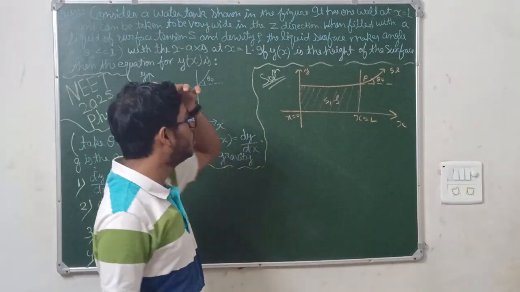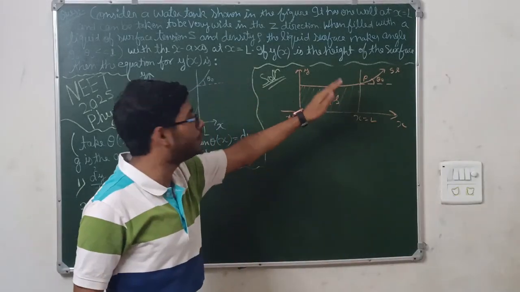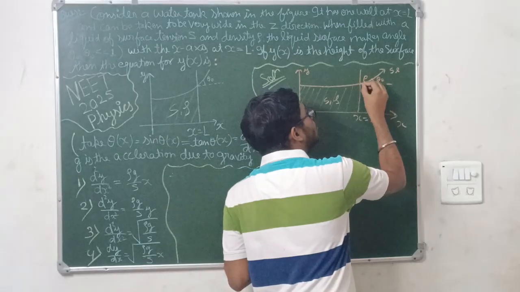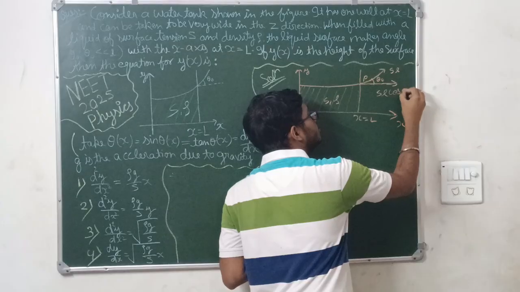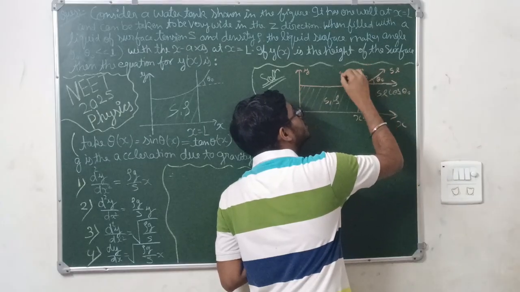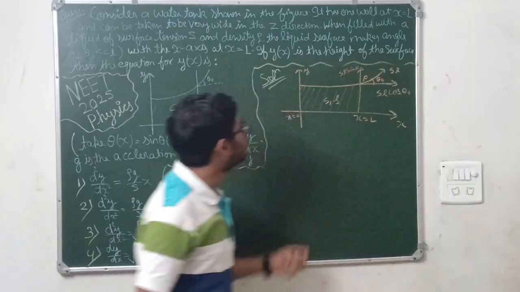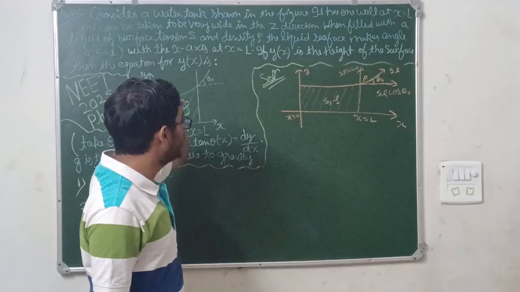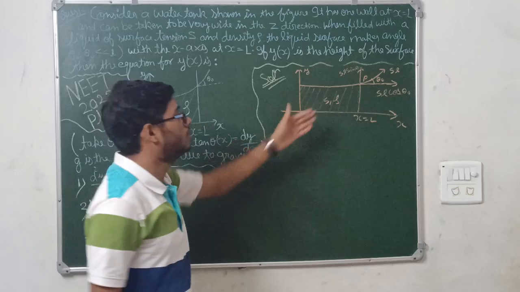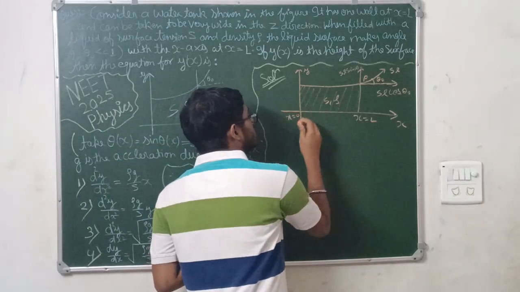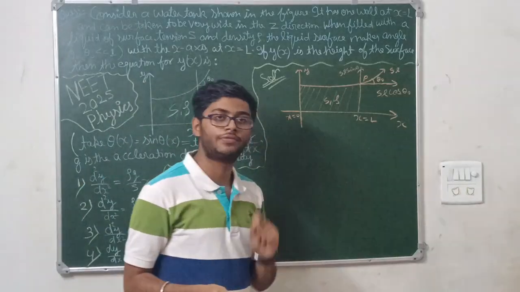Now we can take the horizontal and vertical components of the force. The horizontal component would be SL cos theta naught, and the vertical component is SL sin theta naught. These are the two components. Now we need to take a small element in the water tank, because at every x the level of the liquid is different.